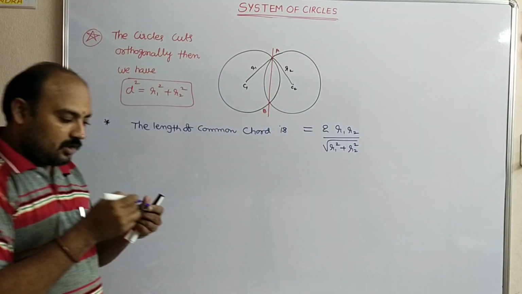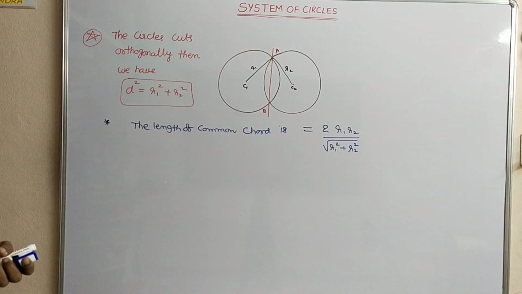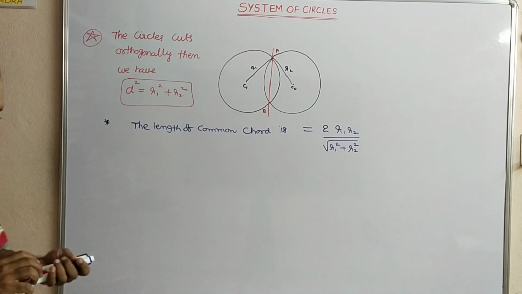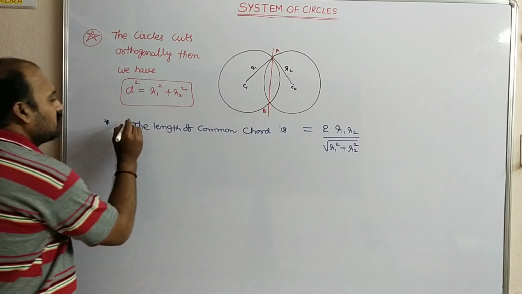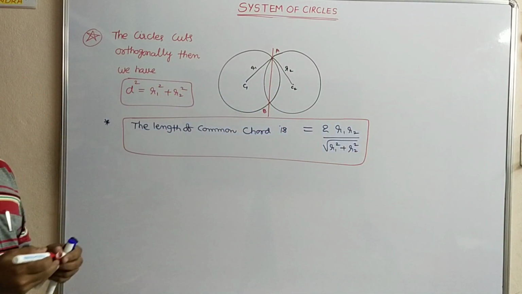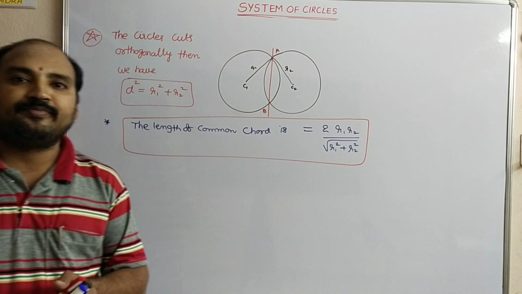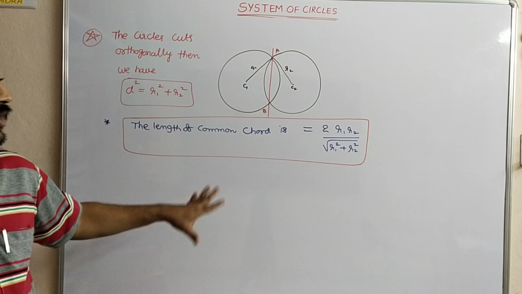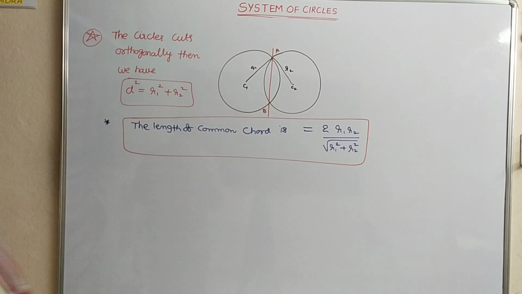This is the formula you have to apply to get the length of the common chord when the two circles cut orthogonally. You have to remember this formula, dear students. They may ask a direct question in the EAMCET or JEE Mains exam. One more concept regarding this we will discuss.